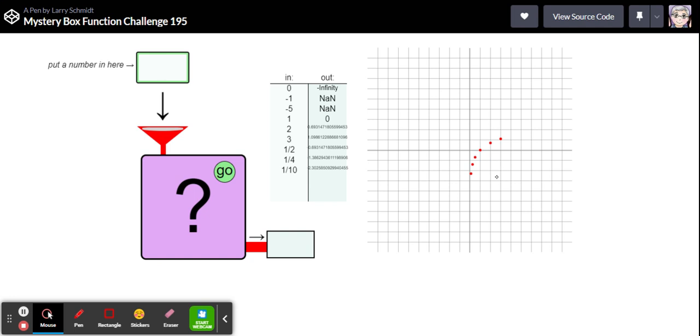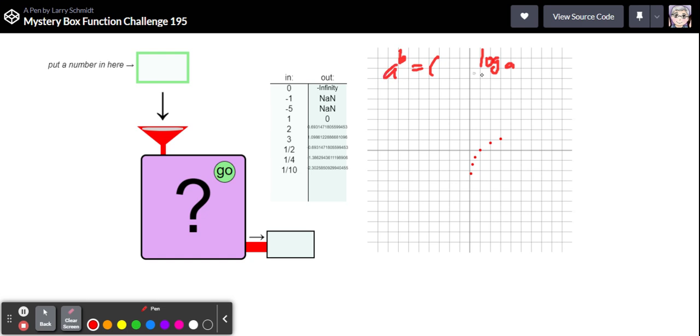Logs can be tricky to wrap your head around. So let's think about logs for a minute. When you've got an exponential expression like, whoops, let me get my pen going here, a to the power of b equals some number c, the way that we express that as a log is the log base a. So a is the base and b is the exponent.